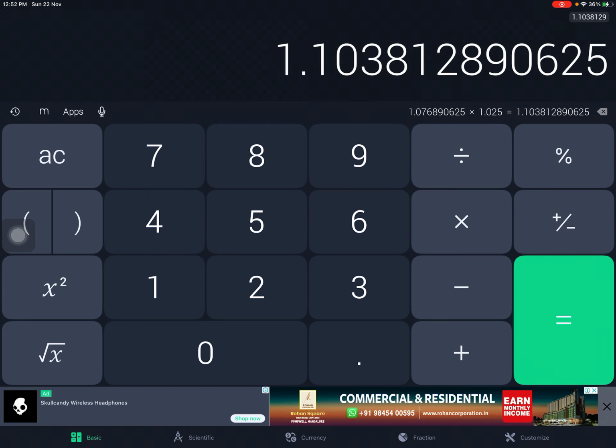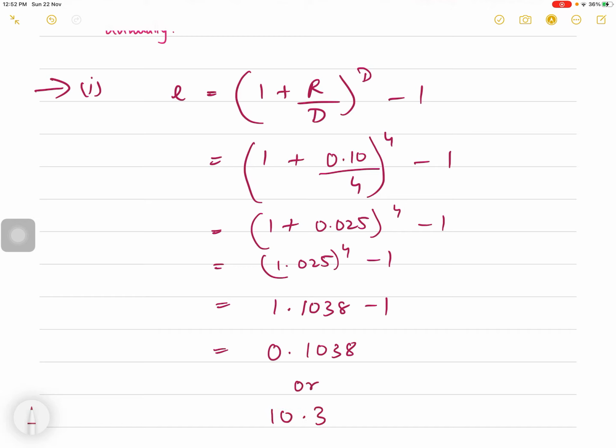That means it is 10.38%. So effective rate of interest is 10.38%. When interest is compounded quarterly and rate of interest is 10%, effective rate of interest is 10.38%.